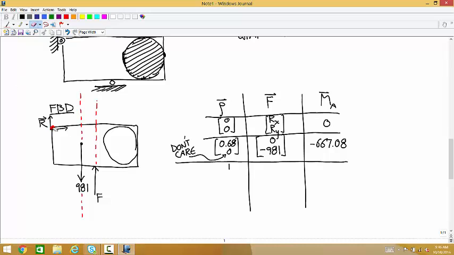The real y position would be negative 1. We don't care about that one either. I don't know why I put it in this time. The force is 0, positive F. And the cross product is F.